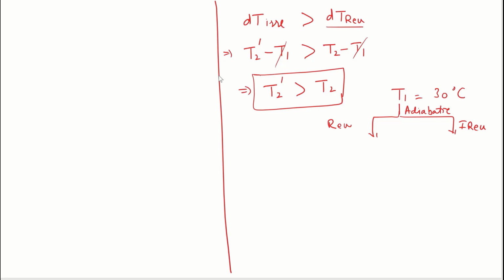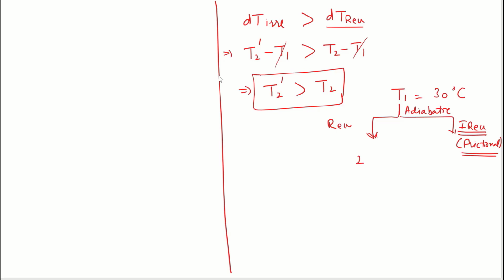In the irreversible process you need to consider frictional forces, and to overcome them you have to do more work compared to the reversible process, because the reversible process is an ideal process. So the final temperature T2 is going to be smaller than T2 dash.